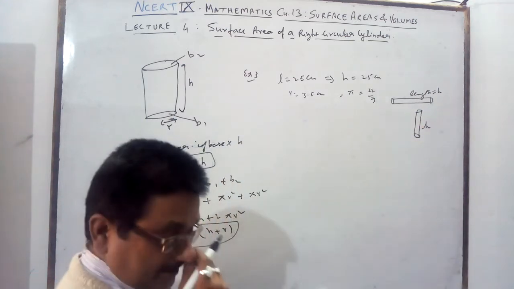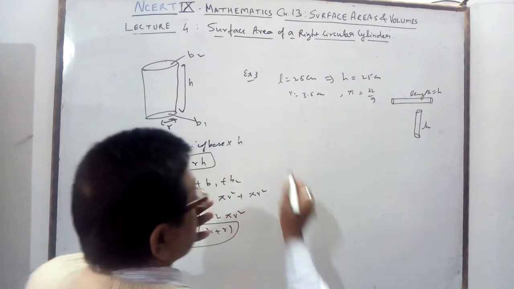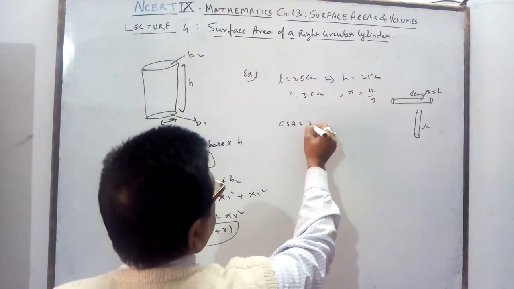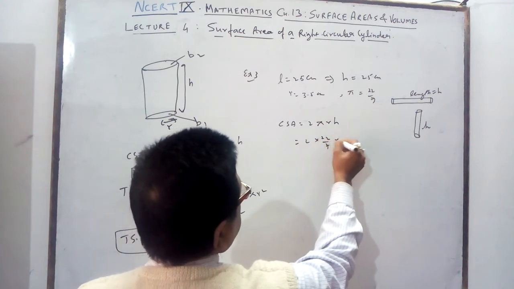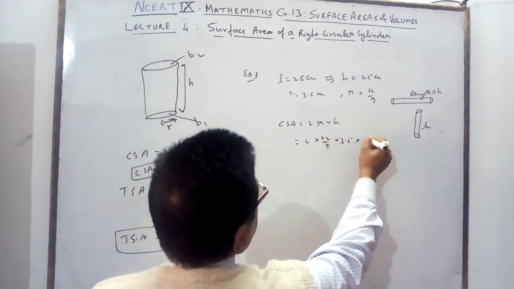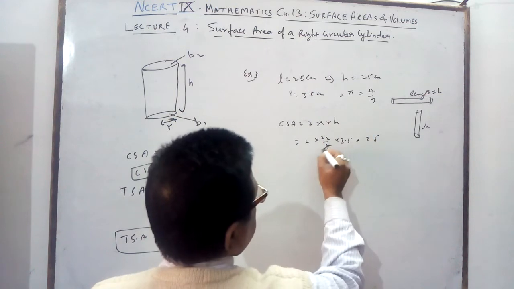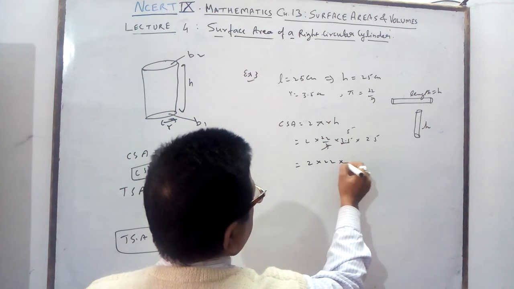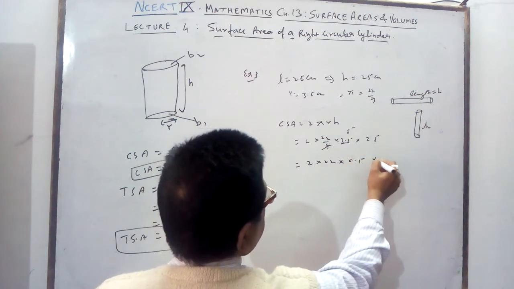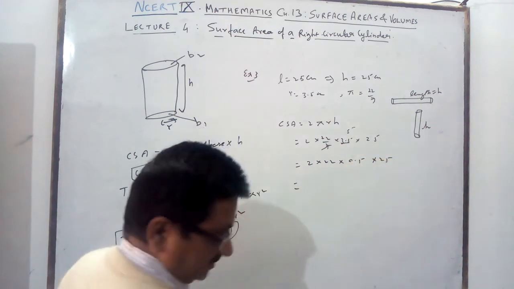Both are the same thing, a kaleidoscope you will make. So you apply the CSA formula 2 pi r h, put the values and you get the answer. Very simply, 7 into 5 is 35, 2 into 22 into 0.5 into 25 gives you the answer.